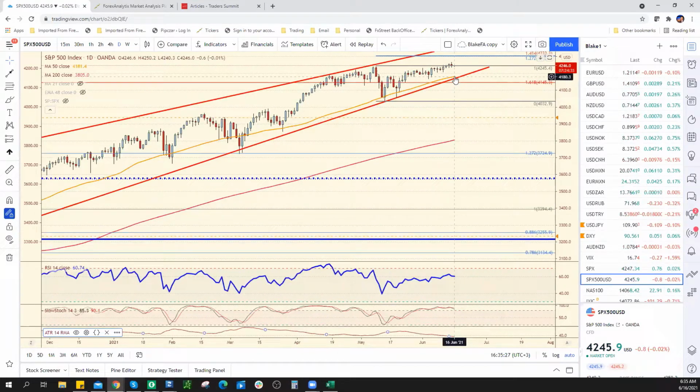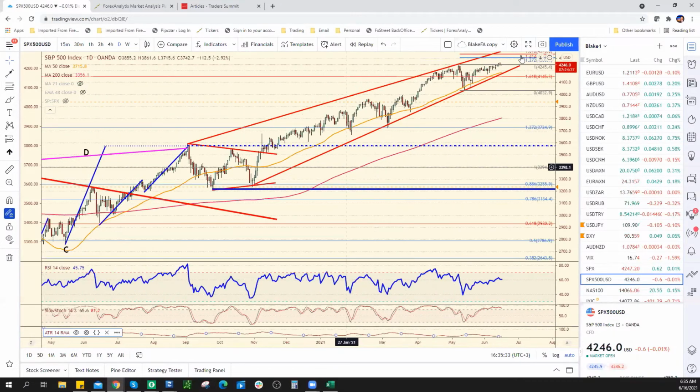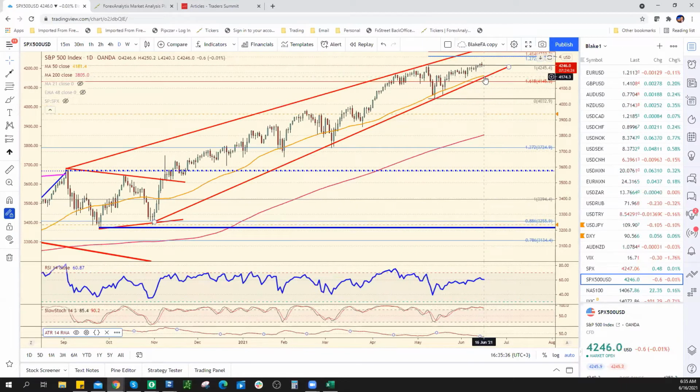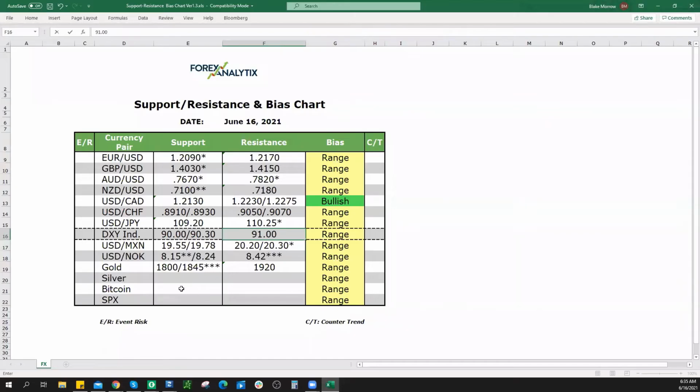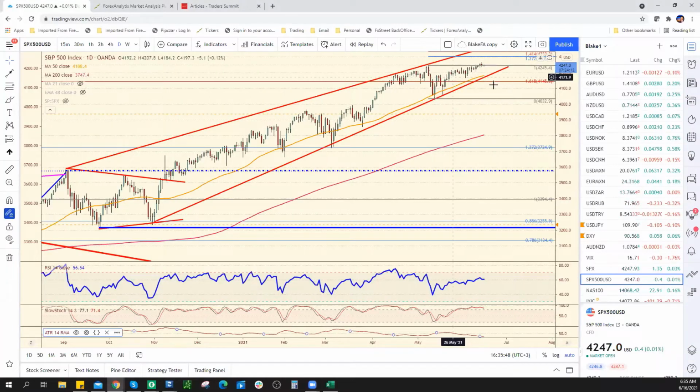This 50 DMA, you can see how well it supports the market, generally speaking. But this is also ascending wedge support. So that means that 4170 is critical support for S&P to hold. 4170. It's so critical that I'm going to do this.